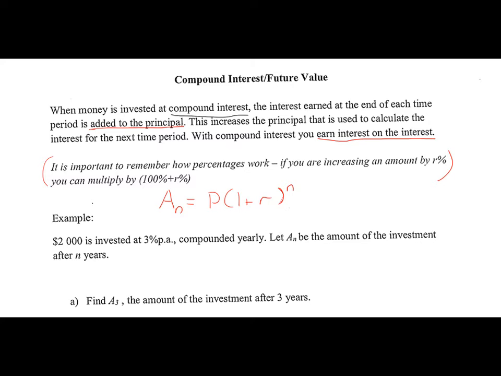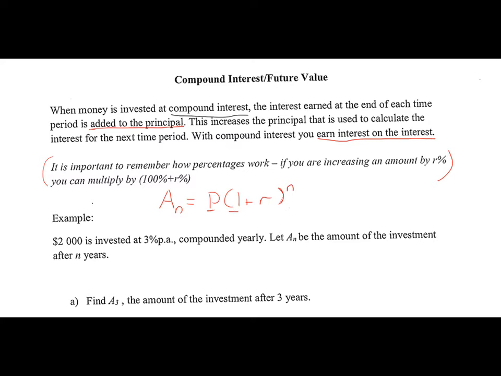A_n is your account balance, so how much money you have in your savings account after n time periods. n is just a subscript, so it's not a variable in the usual sense where it's being multiplied or powers. It's just to keep track of after how many years or months, whatever, we have worked out for. P, as before, is principal.